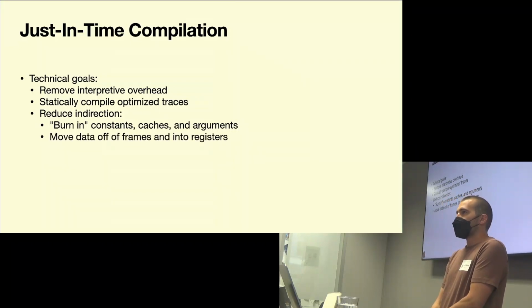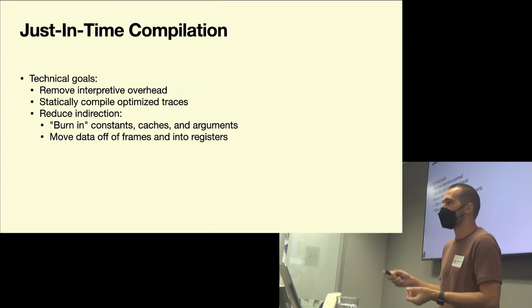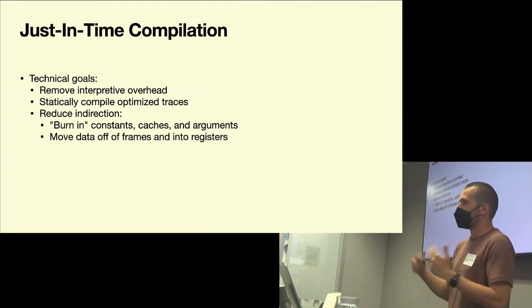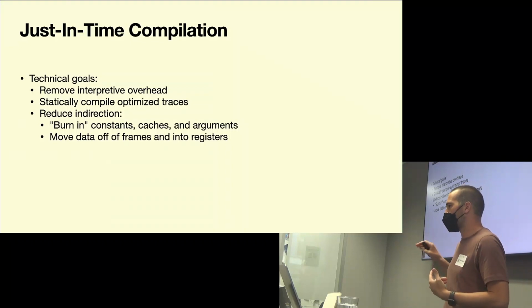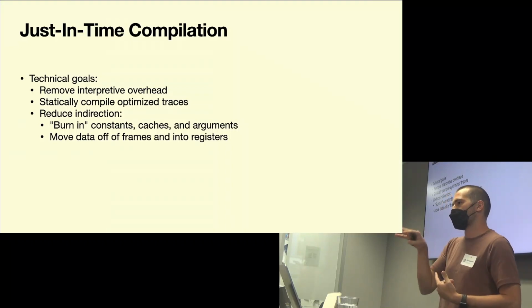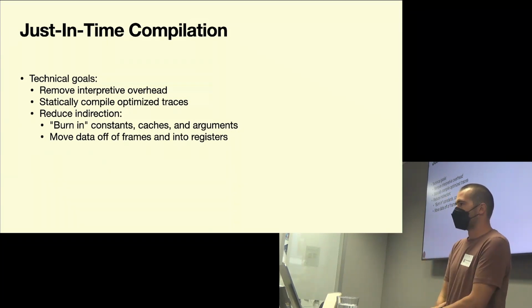We can also do things like moving data off of frames and into registers. The micro-ops still execute on a Python frame, which means that intermediate values that live on the value stack are all still being written to memory and read from memory. If we can lift all of that stuff out of memory and into actual hardware registers, that saves a lot of traffic to and from main memory, which is always a good thing.